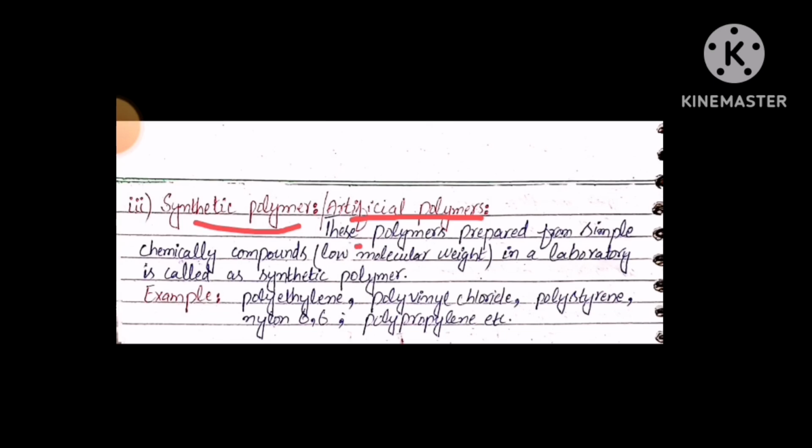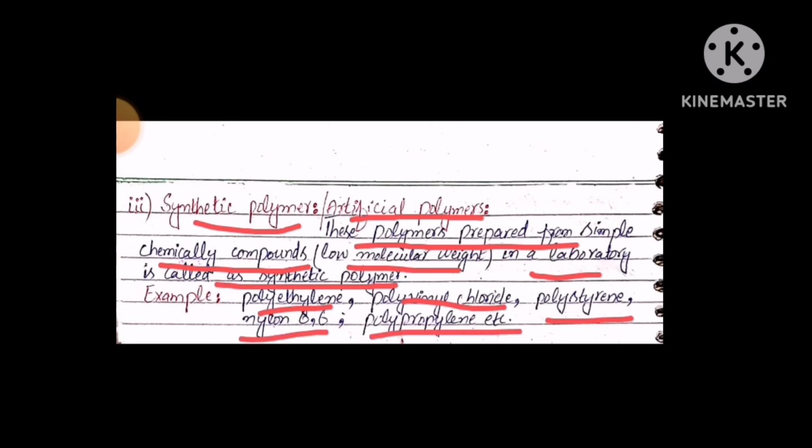Polymers prepared from simple chemical compounds having low molecular weight in a laboratory are called synthetic polymers. Examples include polyethylene, polyvinyl chloride, polystyrene, nylon 66 and polypropylene, etc.